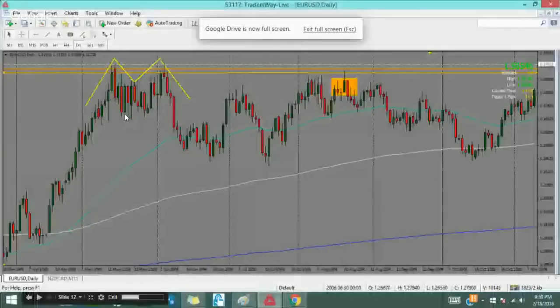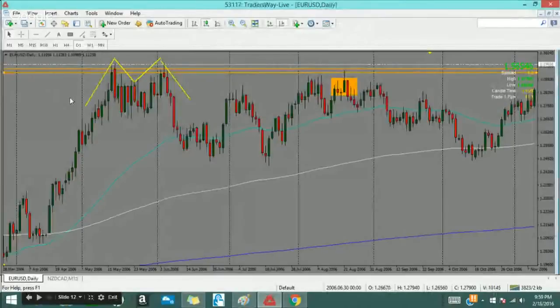Traders got trapped at the M formation. They got trapped on the first leg and the second leg. Why? Because they put longs before the first leg. Then it dropped. They put longs when it started to rise for the second leg. And they got trapped there too.